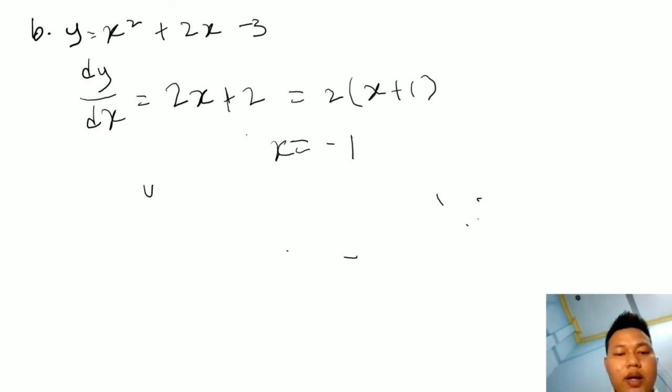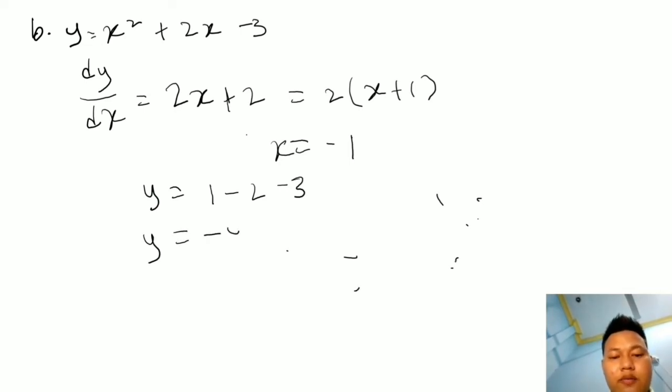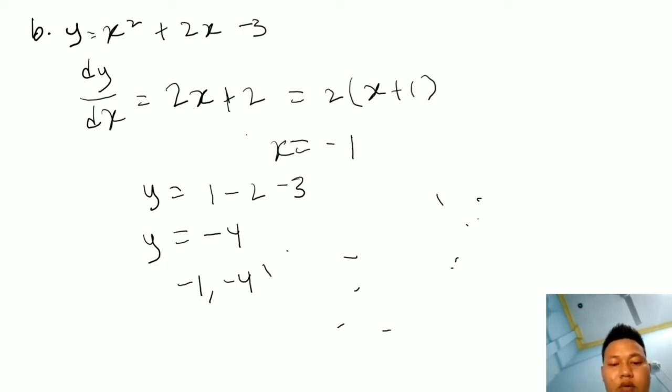To find y, we will insert 1 minus 2 minus 3. The answer will be negative 4. So the coordinate for the question is -1, -4.